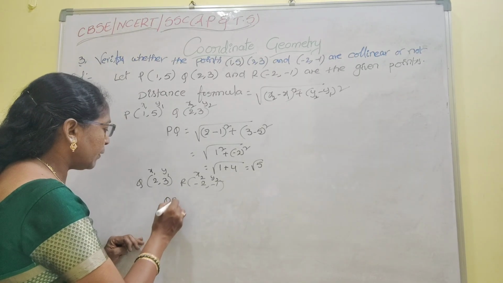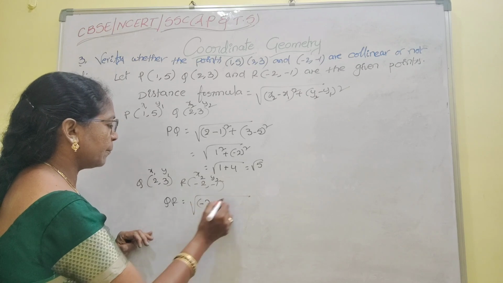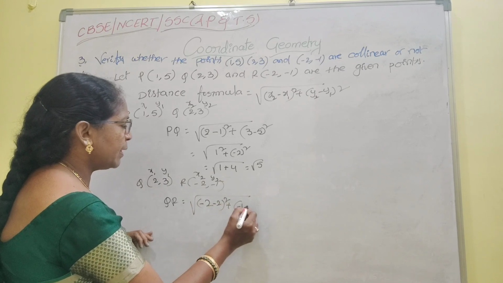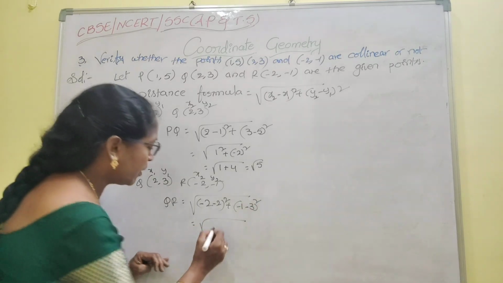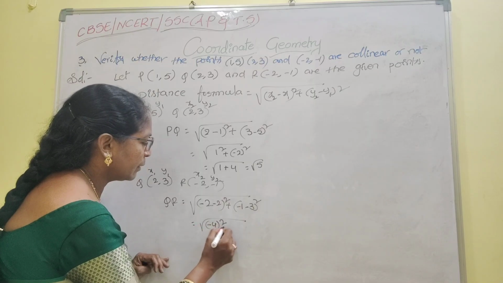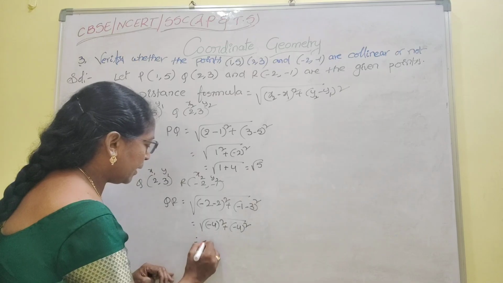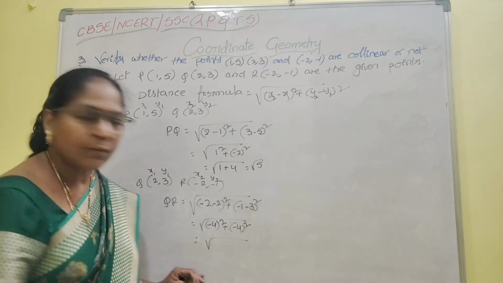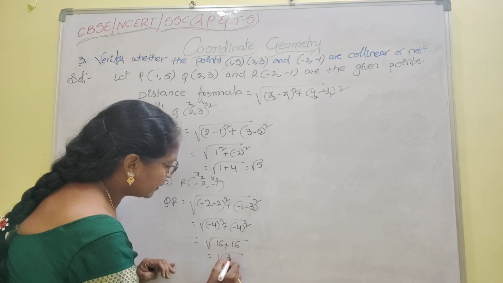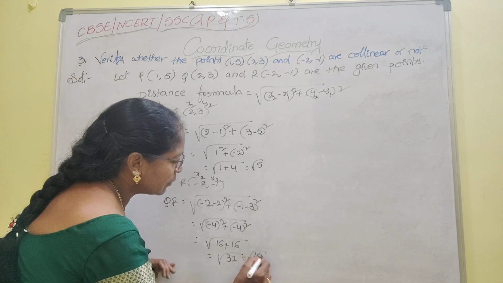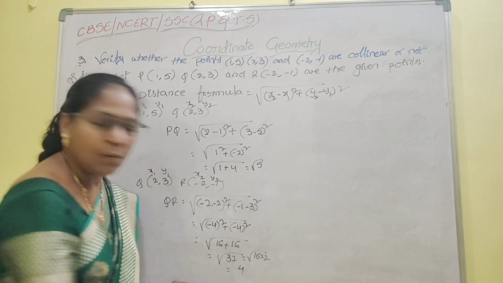So QR equals the square root of (-2 minus 2) whole square plus (-1 minus 3) whole square, which is the square root of (-4) whole square plus (-4) whole square. That is the square root of 16 plus 16, which is the square root of 32. This can be written as 16 into 2, so the value equals 4 root 2. Square root of 16 equals 4, and root 2.